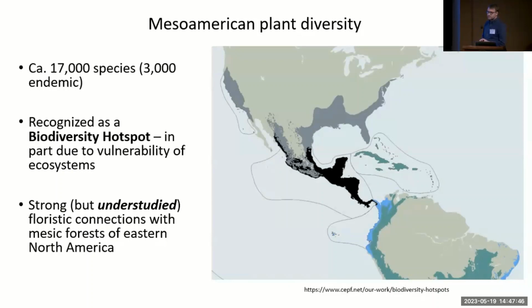And for that reason, it's recognized as a biodiversity hotspot because of both its unique diversity and also its kind of threatened nature. And what I'll be talking a lot about today are these very strong but understudied floristic connections that Mesoamerica has with older and more recent mesic forests of Eastern North America.